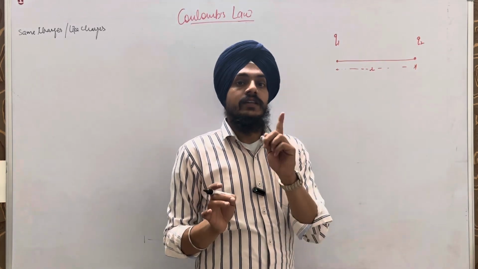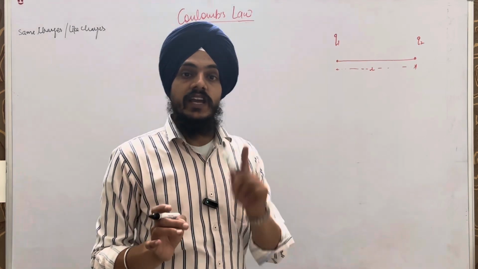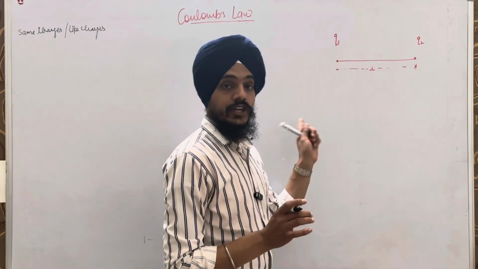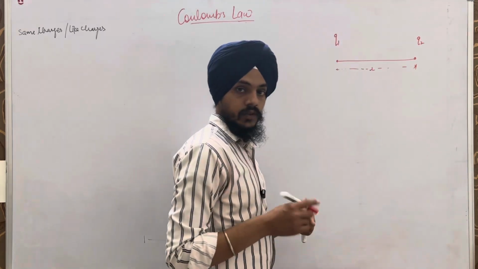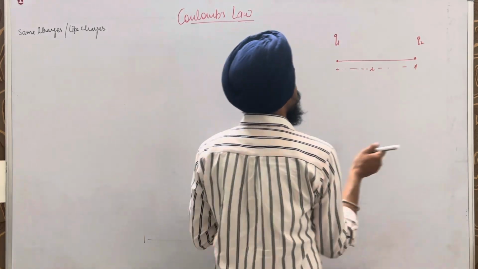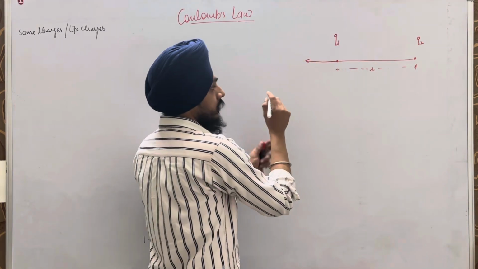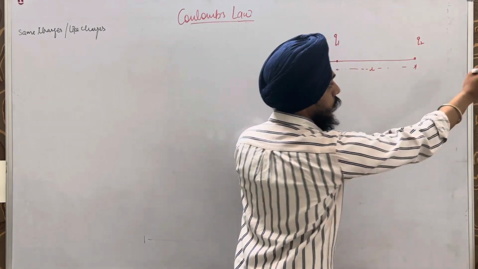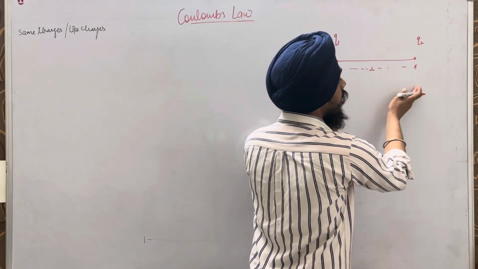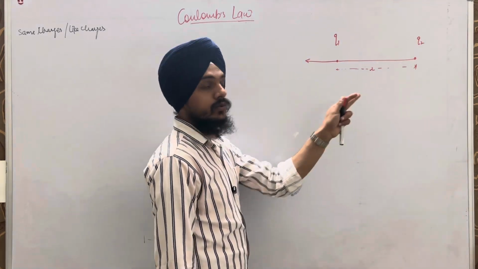When they have the same charges, they will repel each other. So they are repelled by Coulomb's force. See, Q1 charge moves this way, Q2 charge moves that way, because force of repulsion is present between these two charges.